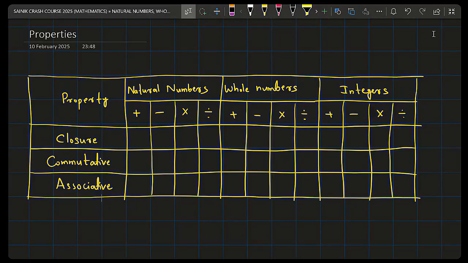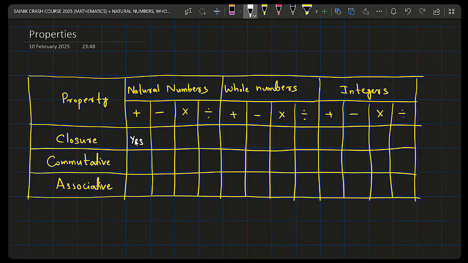What is closure property? For example, closure property of natural numbers under addition. You take any two natural numbers and add, and you always get a natural number. That's why natural numbers satisfy closure property under addition.